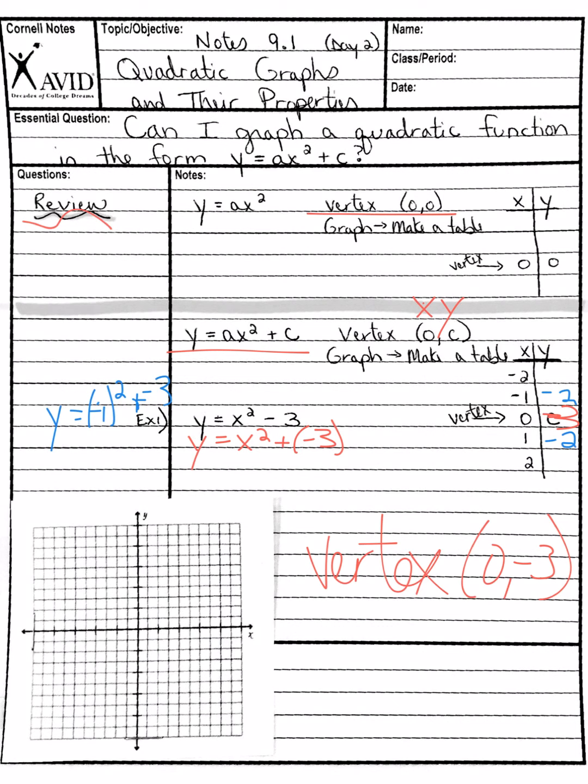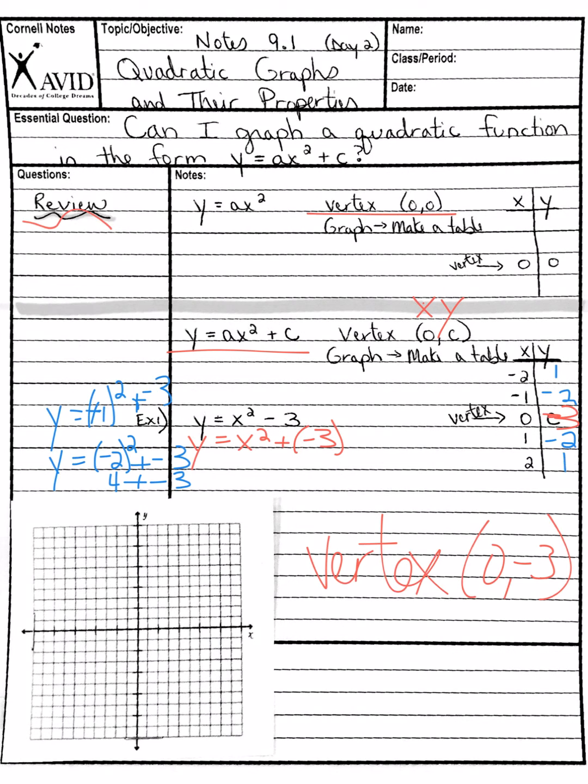If I change that to a positive 1, we're still going to be at negative 2. Now let's check if we substitute in a negative 2 for x. We know that negative 2 times negative 2 is going to be a positive 4 plus a negative 3, which would be a positive 1.